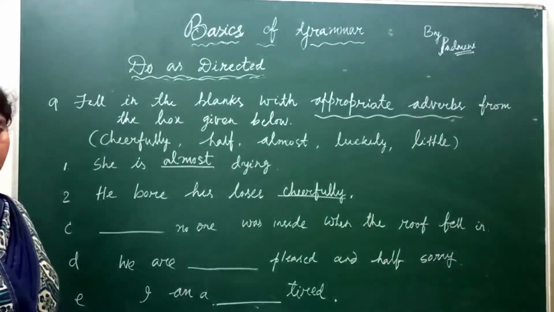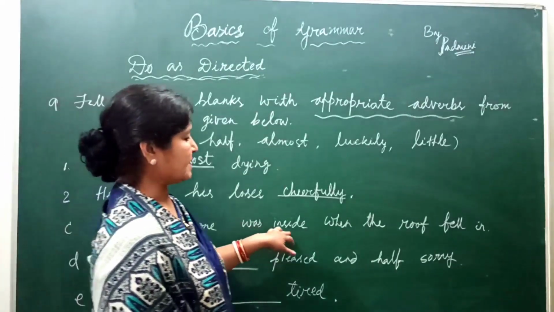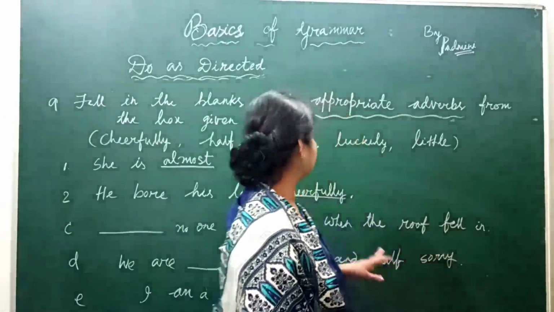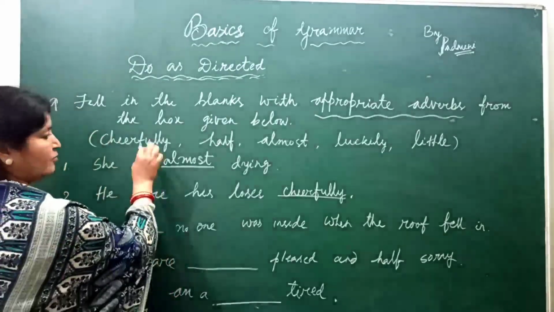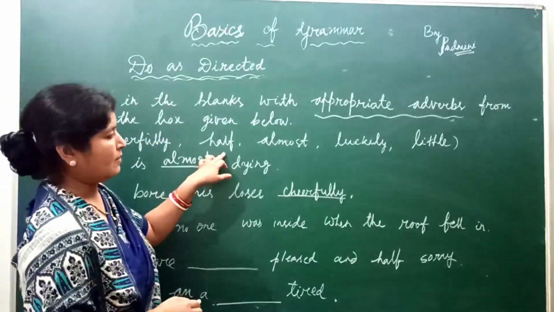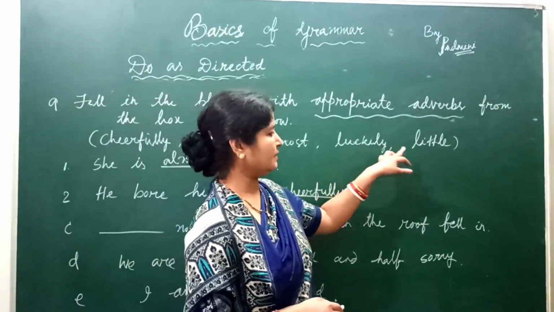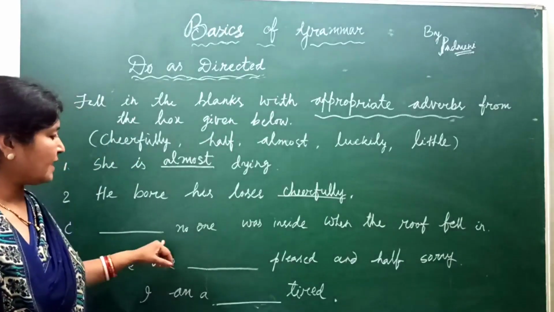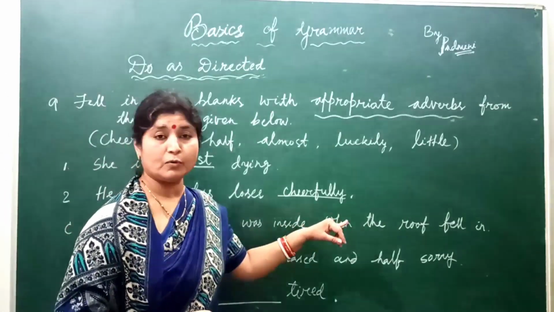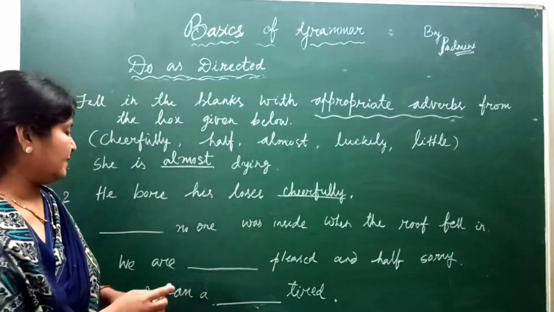Okay, then the next one. Blank no one was inside when the roof fell in. Options are cheerfully, already we have used, half, almost, luckily, little. Almost also we have used. So what should we use here? Luckily.